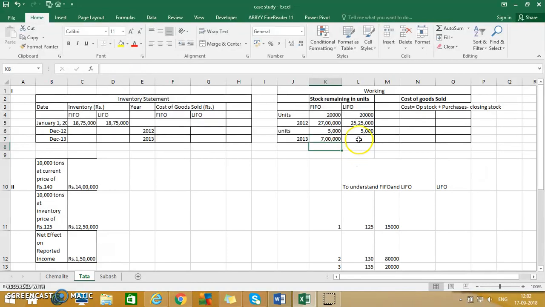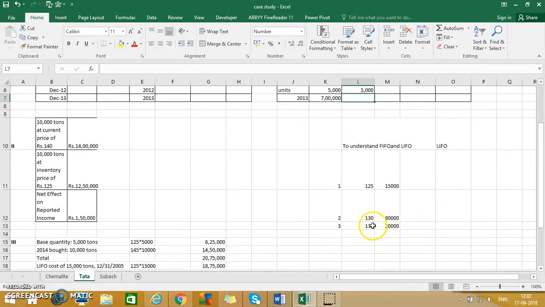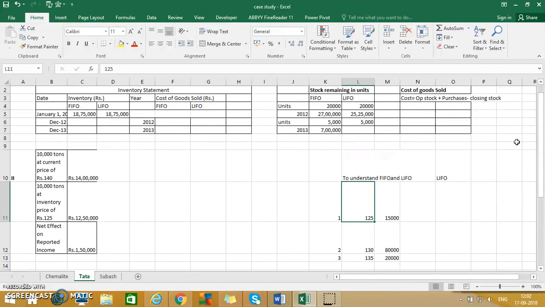While what happens to LIFO? All the current prices, as you have seen, you will have to use the last price that came in, then the last price that came in, and you will be left off with what? The stale price. So, here you are left off with 5,000 units is equal to 5,000 into 125. So, this is what is the material.